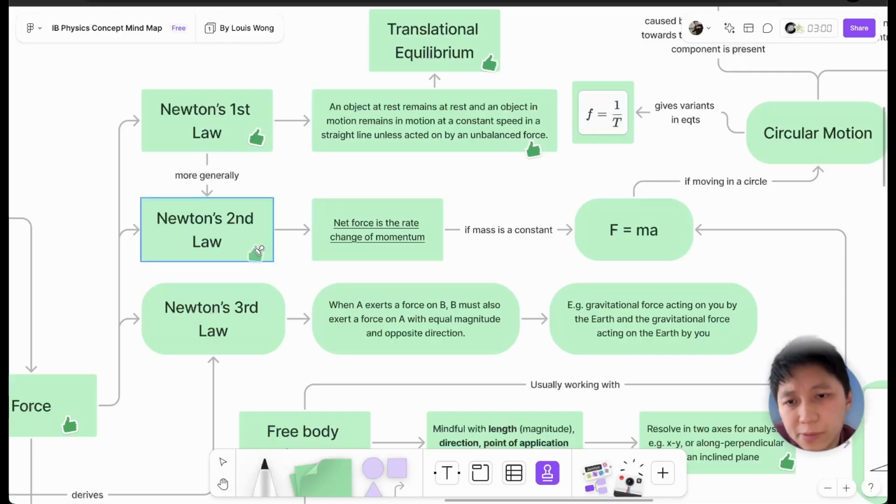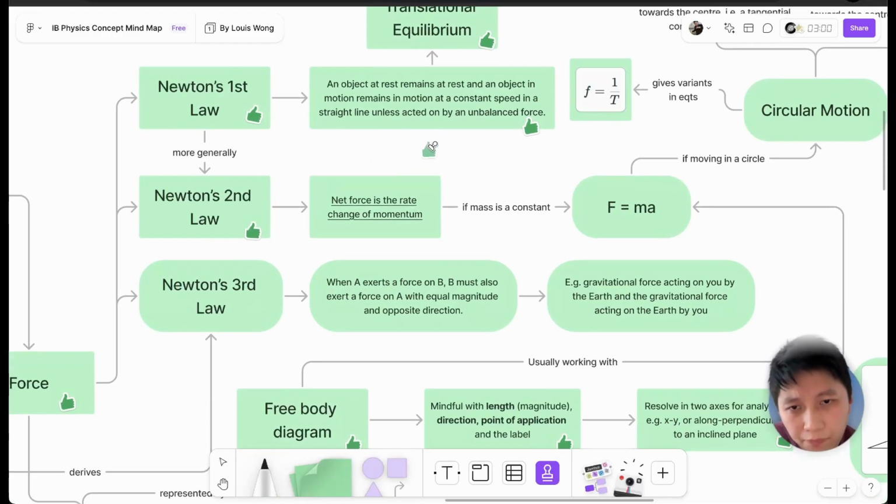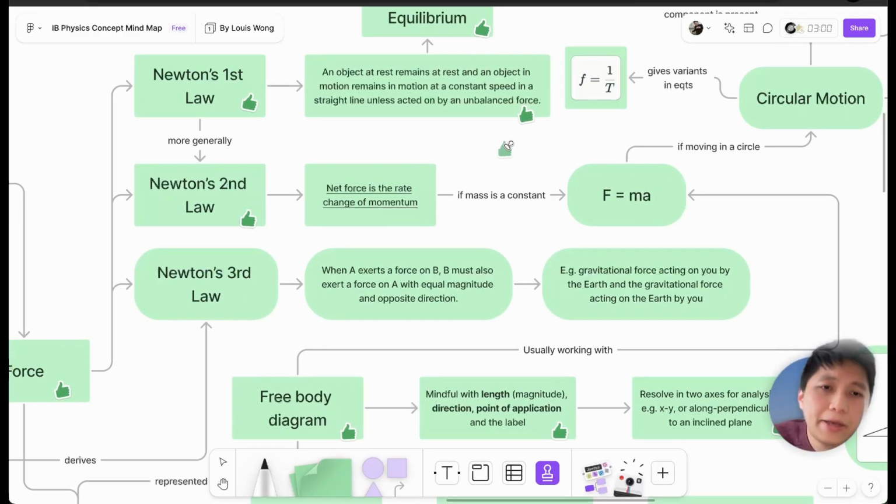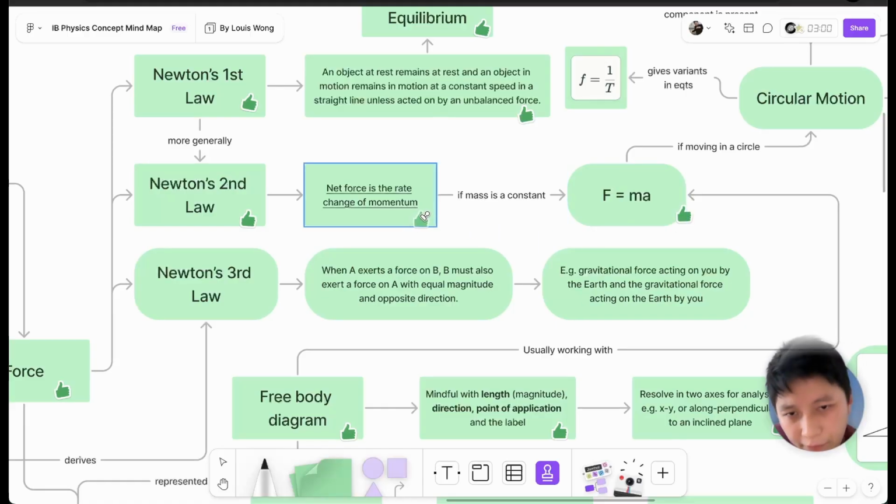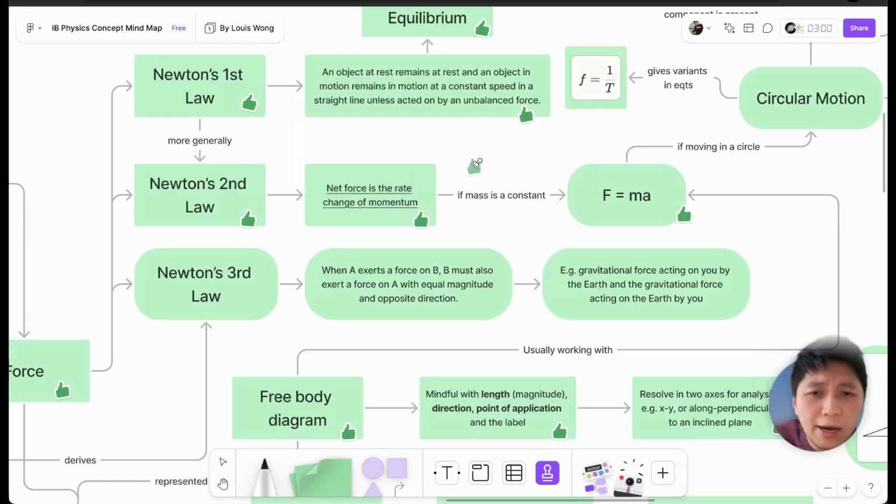Now, more generally speaking, we have Newton's second law, which you may think is F equals ma, but in our video earlier, I put a link here. If you're opening your PDF, you'll be able to find this hyperlink which links to one of my videos, and in that I explained that the definition of the second law is in fact saying the net force is the rate of change of momentum.